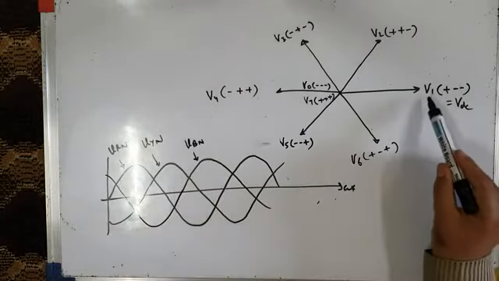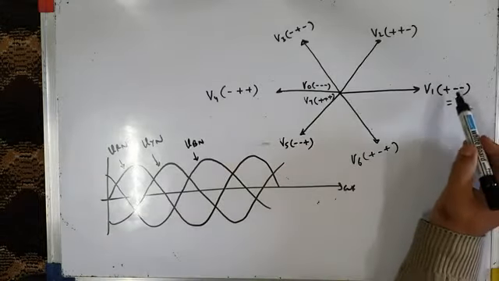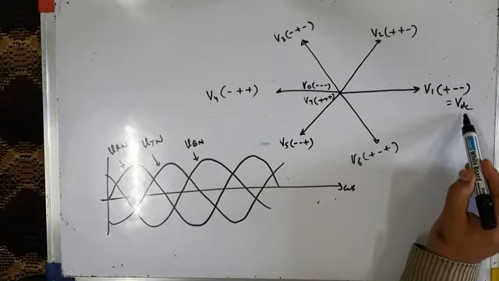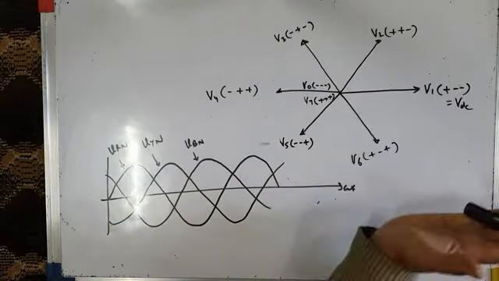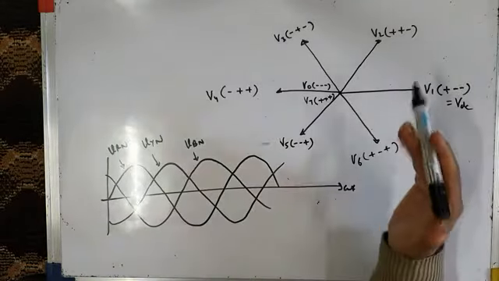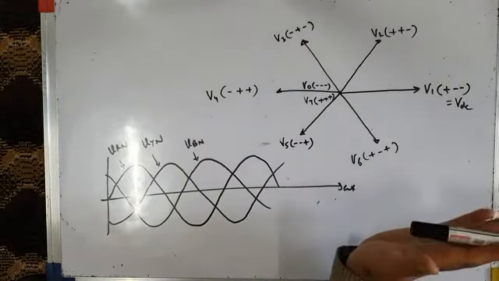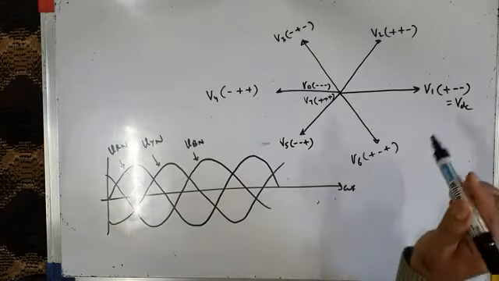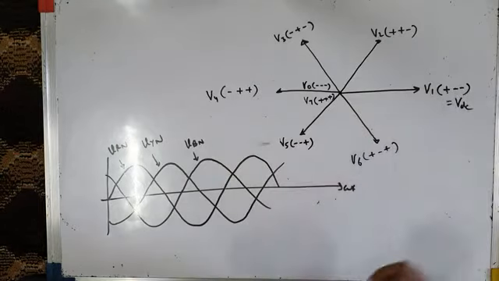Now this voltage vector V1, whose length is equal to VDC, represents in the alpha beta plane some voltage along the alpha axis and some voltage along the beta axis. And in the RYB plane, that is the three-phase stationary reference frame, it represents three-phase voltages, say VRN, VYN, and VBN.